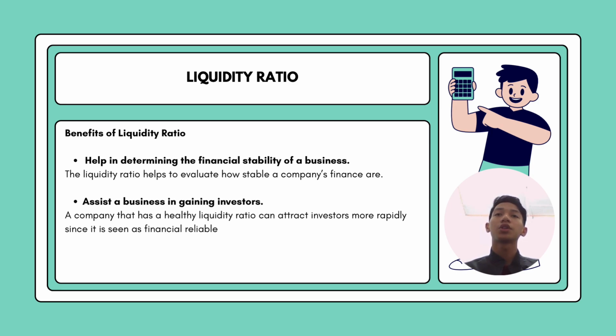The liquidity ratio helps to evaluate how stable a company's finances are. Number two, liquidity ratio can assist a business in gaining investors. A company that has a healthy liquidity ratio can attract investors more rapidly since it is seen as financially reliable.